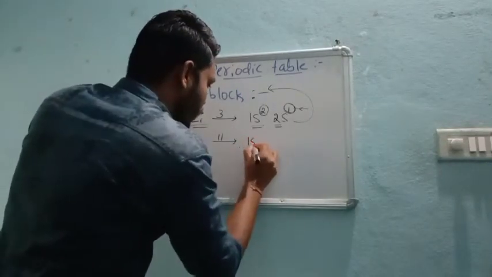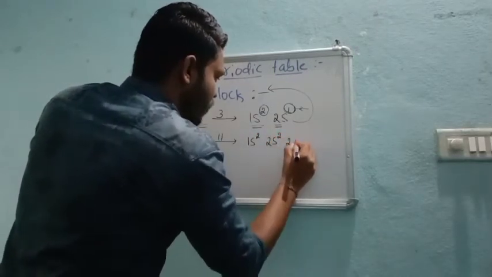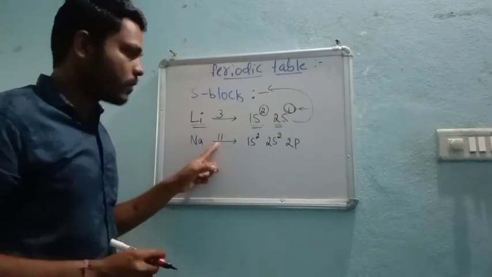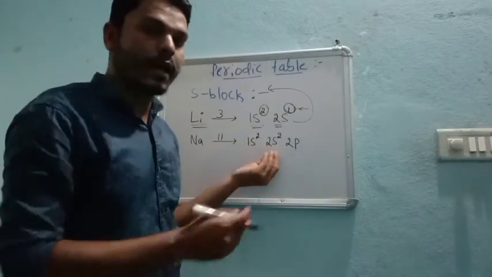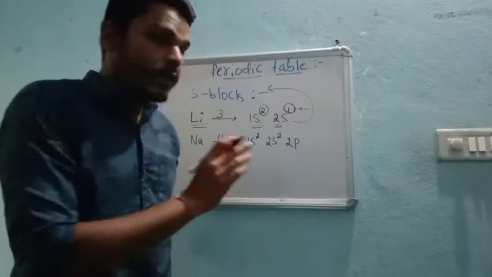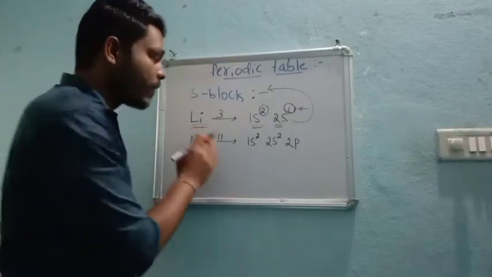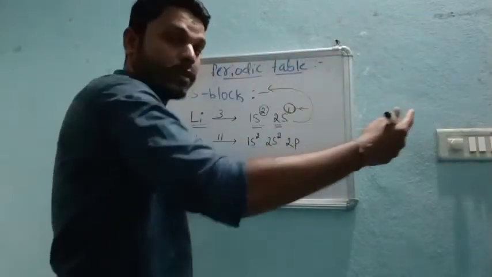So now 1s2, 2s2, 2p... see, we have 11 electrons in total. Already 4 electrons are in 1s and 2s. That means how many electrons are left? Again, we have 7 electrons with us. So what is the capacity of P to move to the third level?